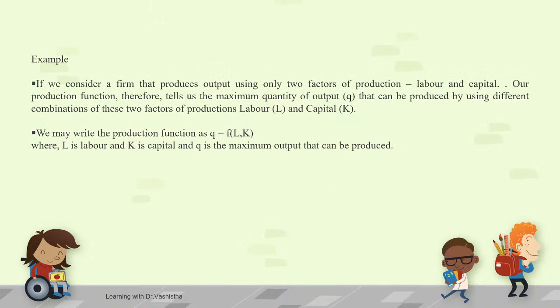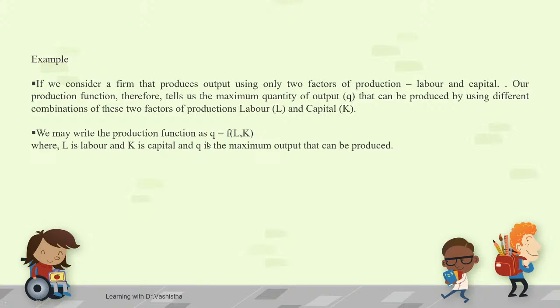Now there is an example that we can consider here. If we consider a firm that produces output using only two factors of production, that is labor and capital, here our production function tells us the maximum quantity of output, which is represented as small q, that can be produced by using different combinations of these two factors of production, labor and capital.